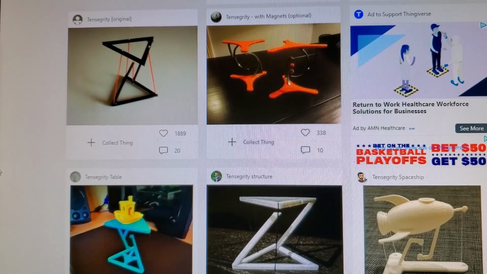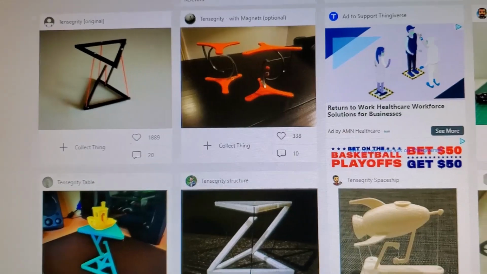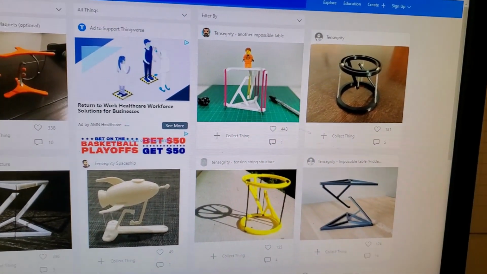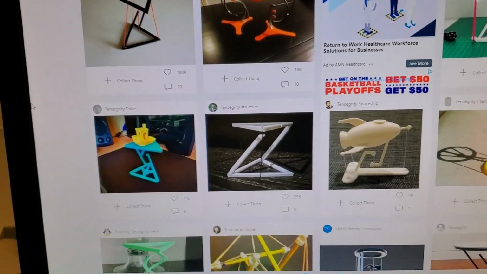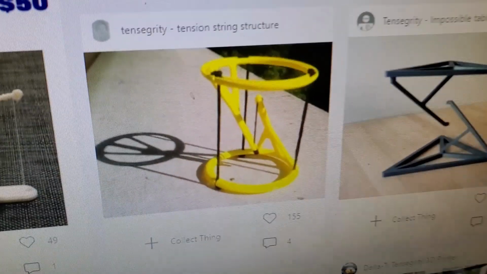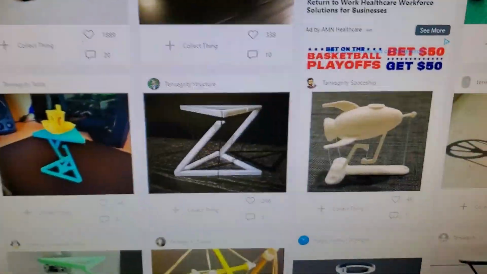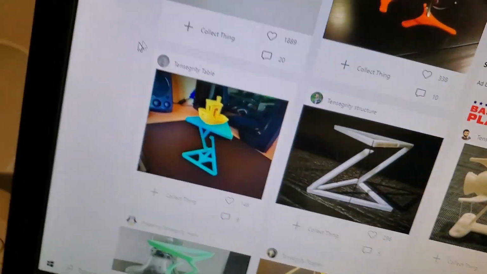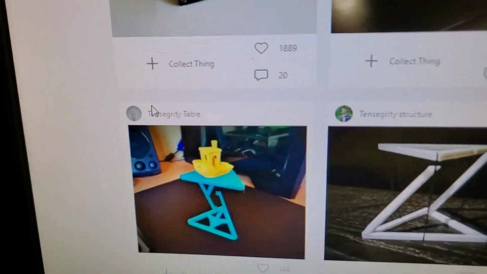I saw a couple of designs online on Thingiverse, on a few different forums. Let's see if I can find some of these original designs. Just within Thingiverse, you can see that there are some great options for tensegrity tables in a lot of different designs, like circular or triangular, and most of them follow within these two parameters.